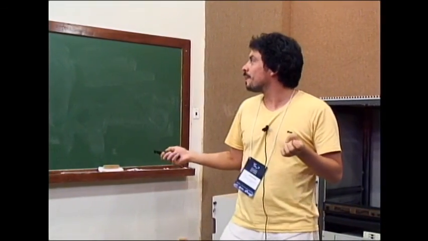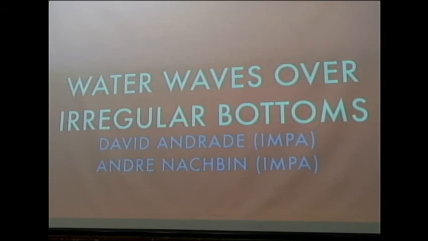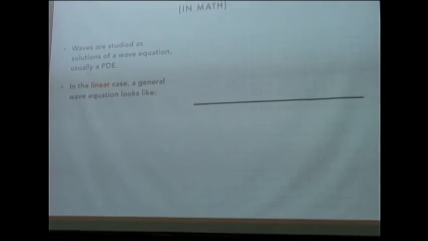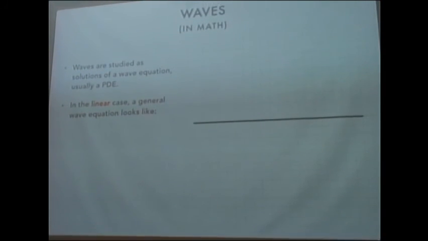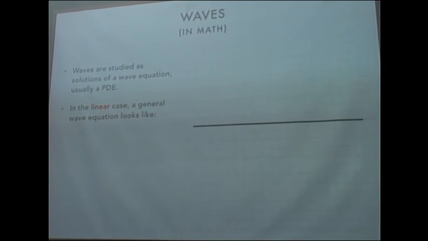So from the mathematical point of view, we usually handle waves as a solution of a PDE or a set of PDEs that I'm going to call a wave equation. For this talk, I'm going to focus on linear wave equations. This means that G is a linear operator.